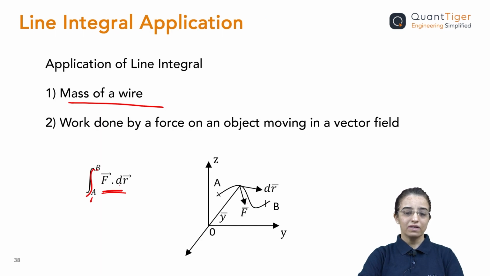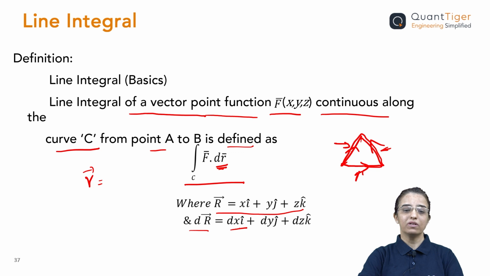It is important to understand, because when we learn about surface integrals, we will be using these terms, and again when we learn about Stokes theorem and Green's theorem, we will use this concept, so it should be clear. Thank you.